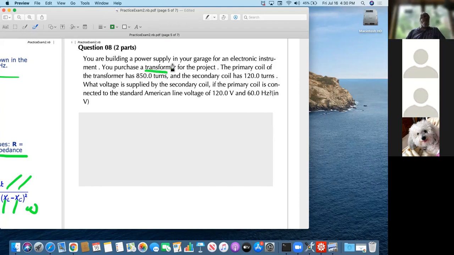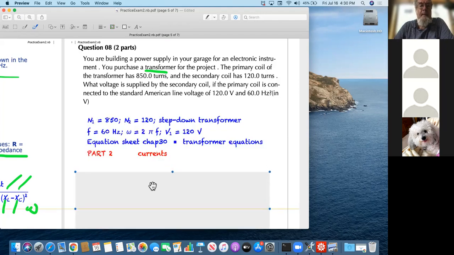So the way I would approach a question like this when I was a student was, I would start by just writing down the information that's given in the problem. Well, let's see what's given. N1 is 850. N2 is 120. This is a step-down transformer. The frequency is 60 hertz.